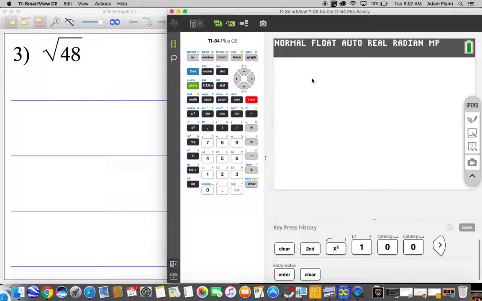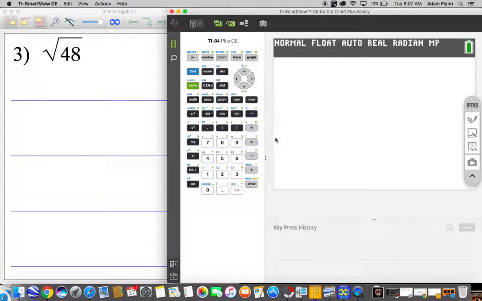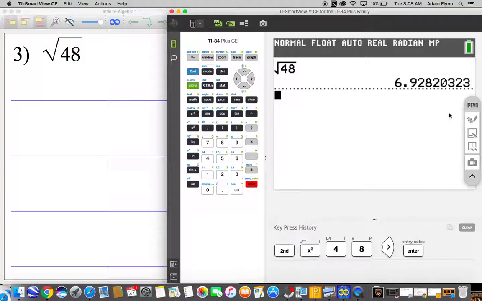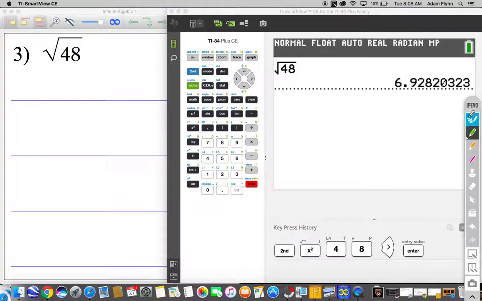Now I've got the square root of 48. I will clear my buttons down here. I've got second, x squared to activate the square root, 48. Ready to go, so I'll hit enter, and I've got 6.928.